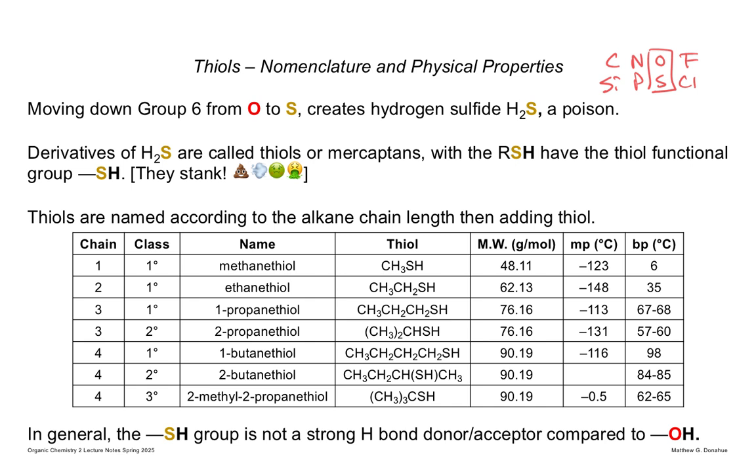Because it's a poison. So just the size of oxygen versus sulfur, it's amazing the stark differences between those two molecules. For whatever reason that I have not bothered to look up, things containing sulfur really smell bad, like farts kind of.